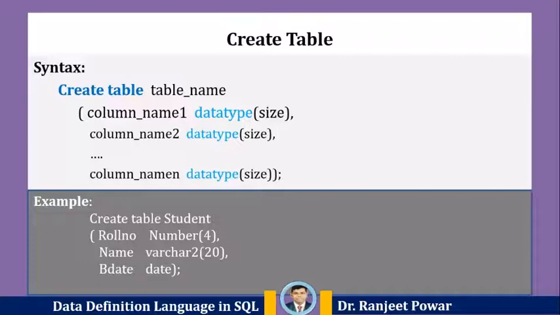The create table is a DDL command which is used to create tables in a database. The table gets created as soon as the create table script is executed and is ready to hold the data onwards. The syntax to create a table is create table name, in brackets column list, as shown in the syntax.